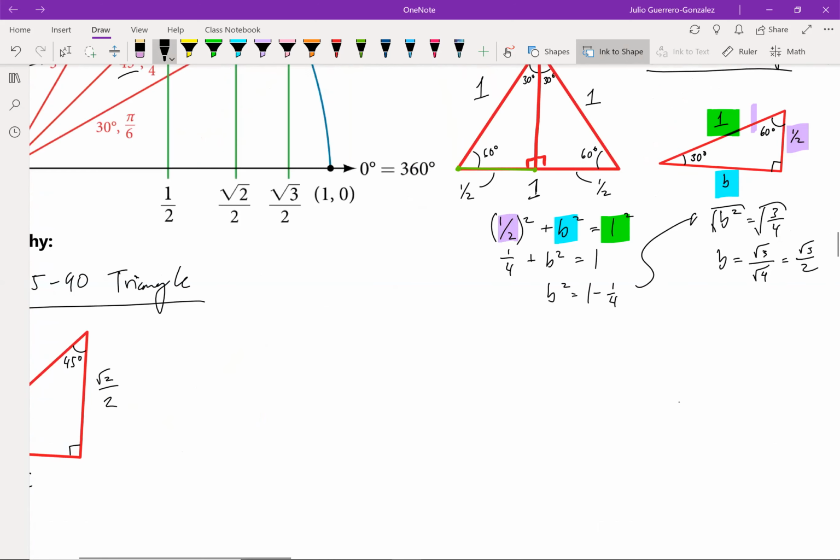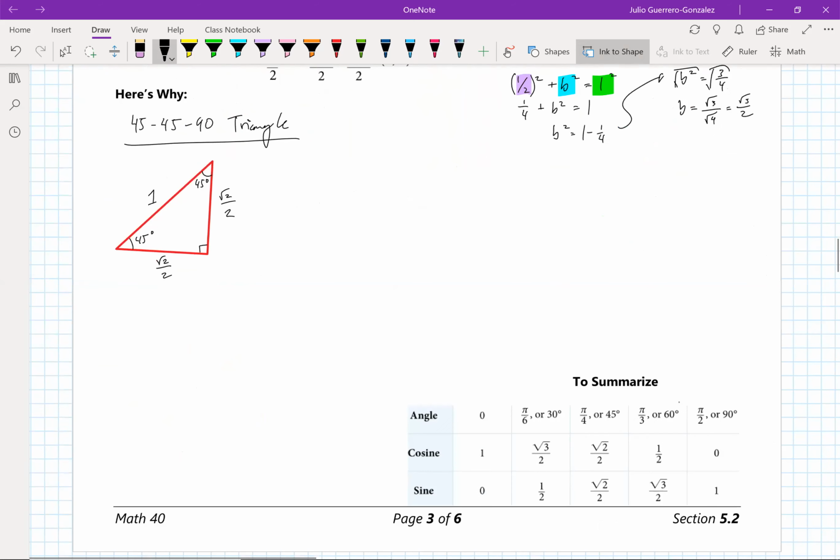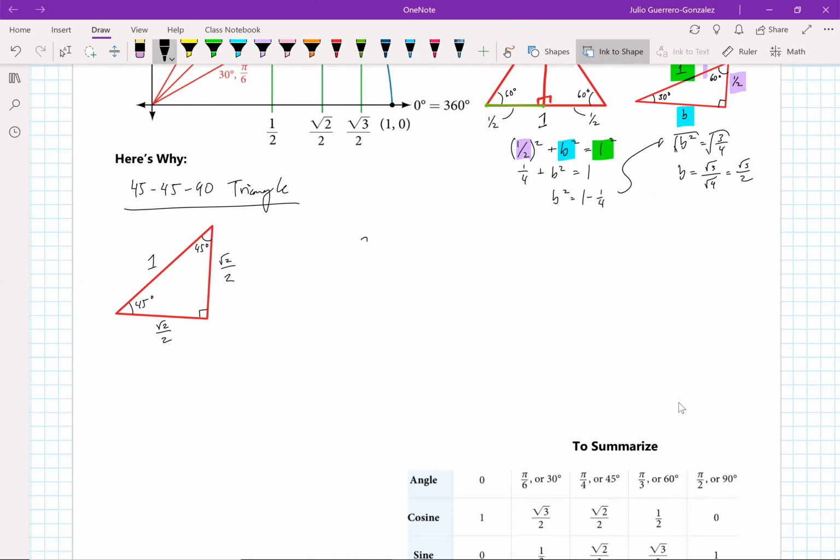And then the second one is the 30, 60, 90 triangle. That one was the one with the longer leg.